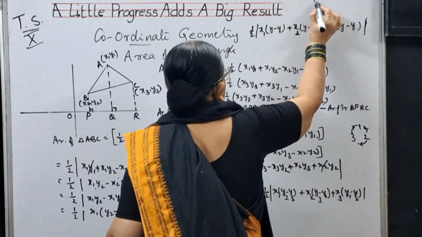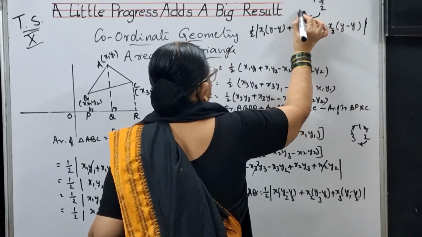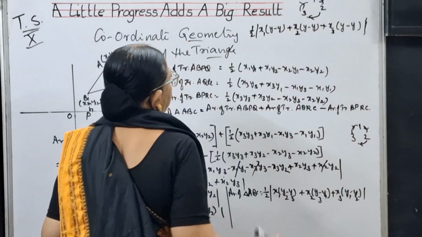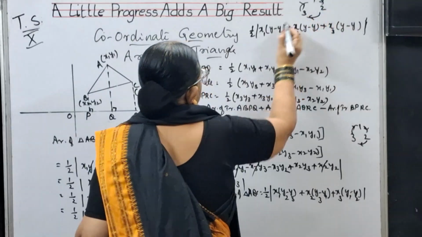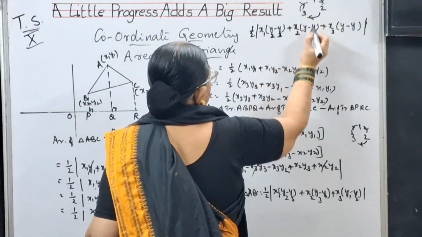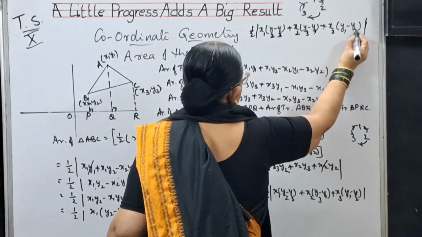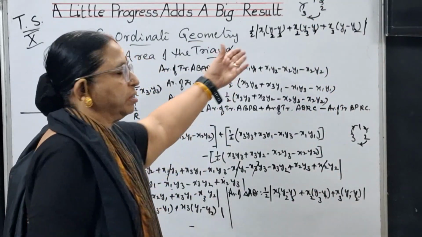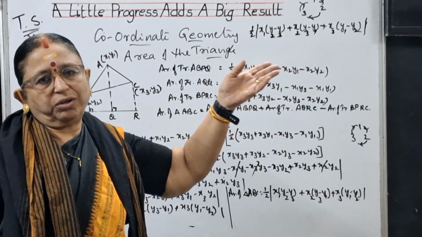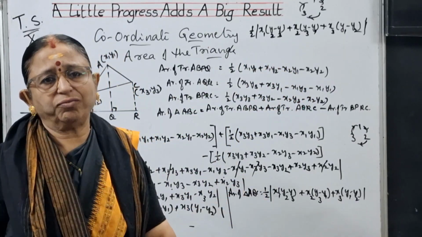Go in a cyclic way: after 1, 2; after 2, 3; after 3, 1. So 1 is here, remaining 2 and 3 put here. Here 2 is there, remaining 3 and 1 you put here. Then 3 is there, remaining 1 and 2 you put here. You have got the formula ready. So if you know the formula, very conveniently you can find out the area of a triangle.